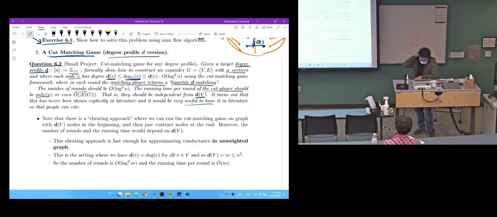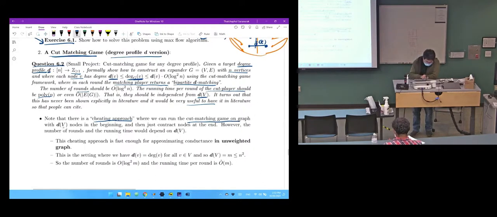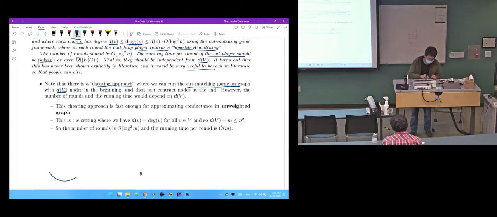So note that there is a cheating approach where we just run the cut matching game on a graph with D nodes.